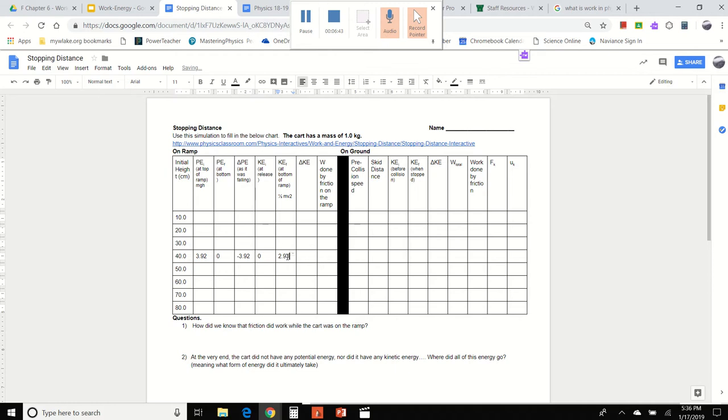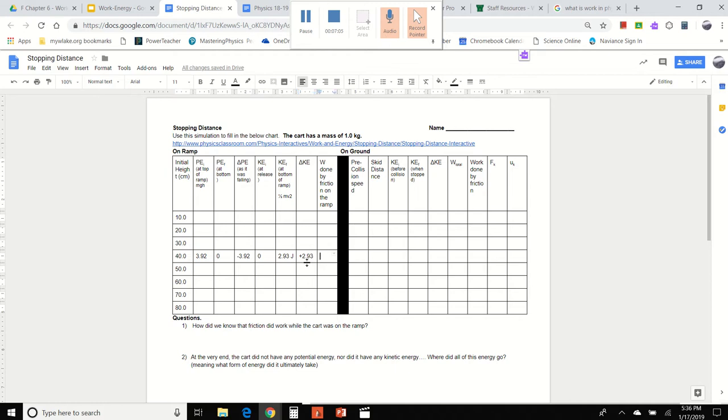I'll round it to 2.93 joules of kinetic energy. So how did my kinetic energy change? I went from 0 joules to 2.93 joules. So I had a gain, positive 2.93 joules.